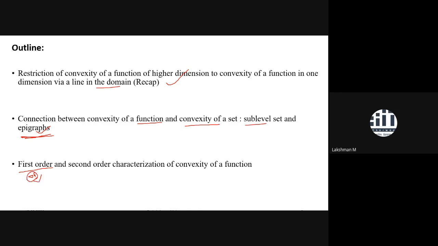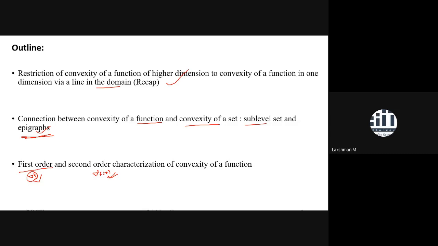Again, this gradient approach is very geometric. The second order characterization involves the Hessian of the function. If the Hessian happens to be positive semidefinite, then you can simply say your function is convex. For a smaller dimension function, the Hessian looks very easy for establishing convexity, so Hessian is a very practical approach.